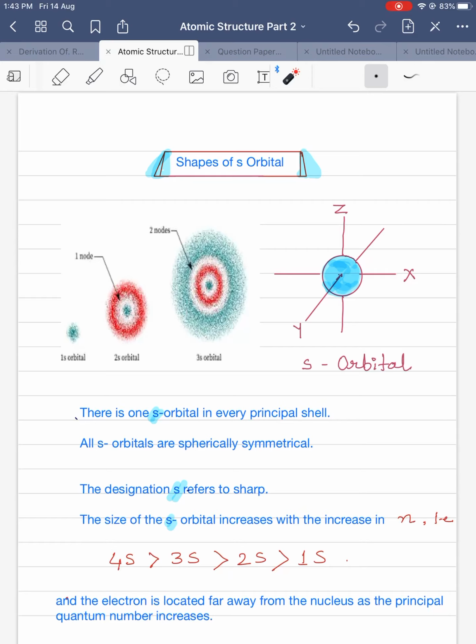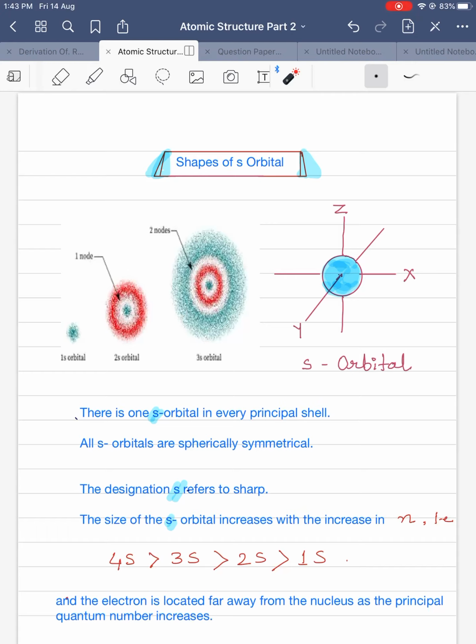These orbitals are represented by a spherical boundary surface, which is a surface that captures a high probability portion of the electron density. The designation of s actually refers to the spectral lines as sharp.